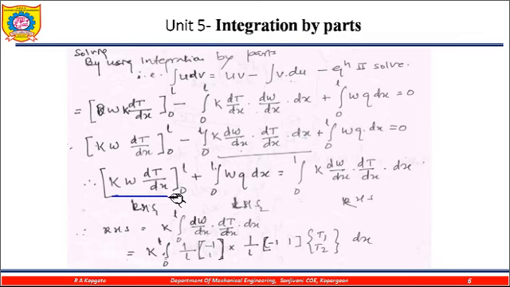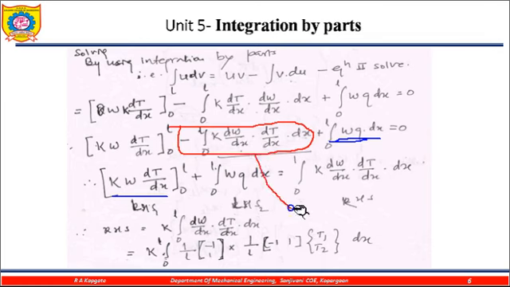So what I am getting is kw dt by dx from 0 to L. Now this term is a plus, while this term is a negative term. So this negative term I transfer to the right hand side, just to remove the negativity.